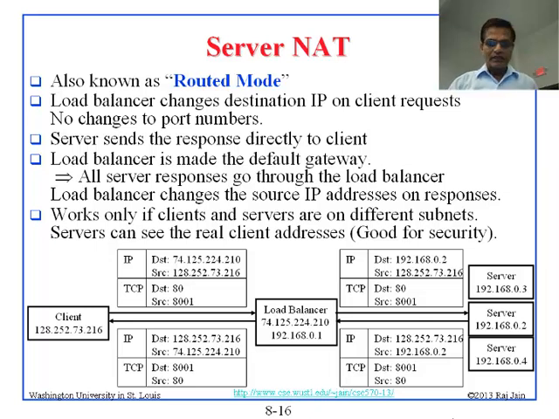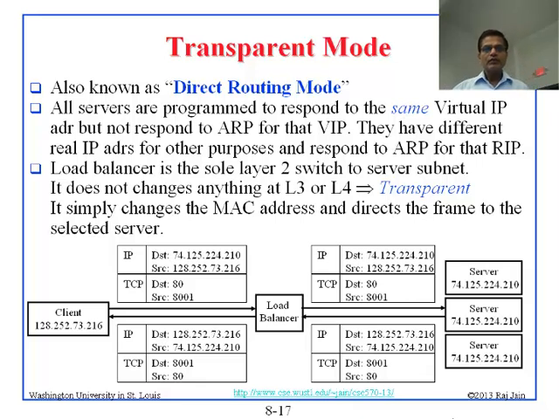All right? Now in the transparent mode, actually we don't change anything. And so again we have to arrange things so that everything goes through the load balancer. Right? That means we close all the doors. There is no door.